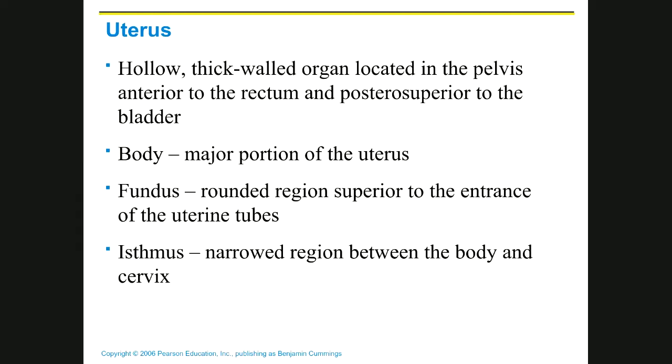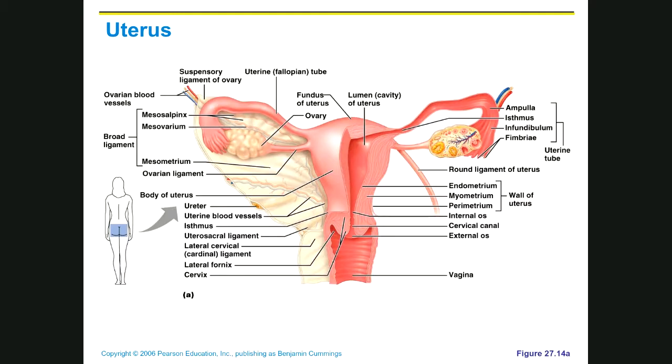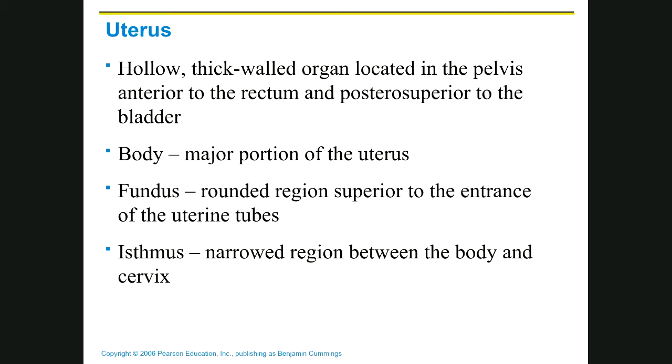Well, when you look at it, it has regions to it also. This region up here that forms this dome shape right here is called the fundus. This region right here, which is the largest part of it, is called the body. And then remember this down here is like a neck, and that's called the cervix. So we have a fundus, we have a body, and we have a cervix.